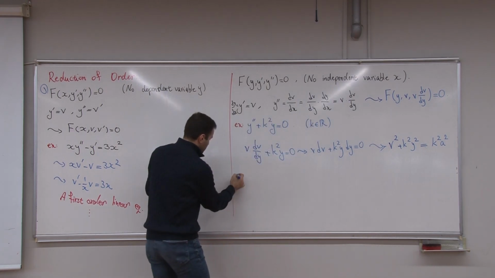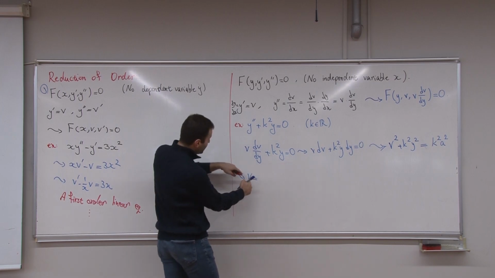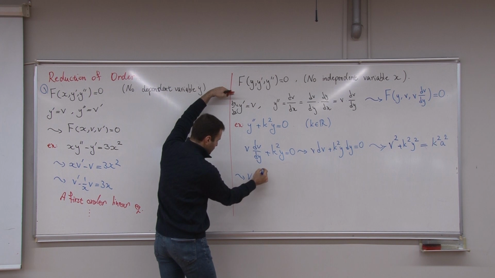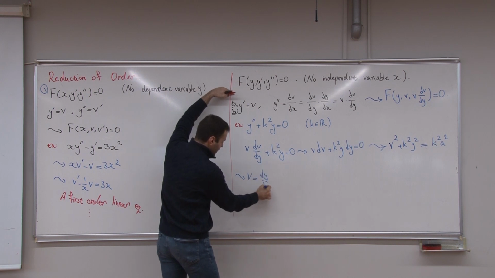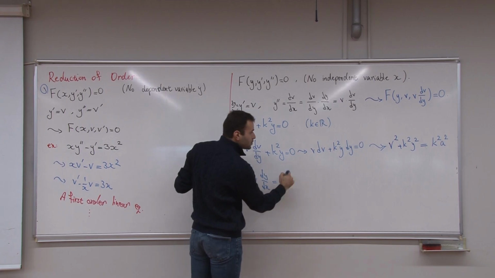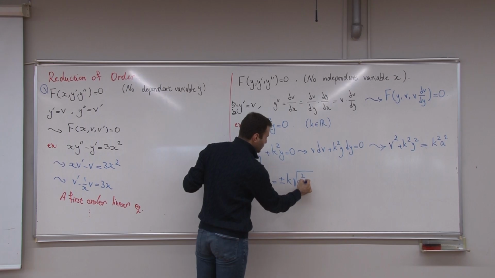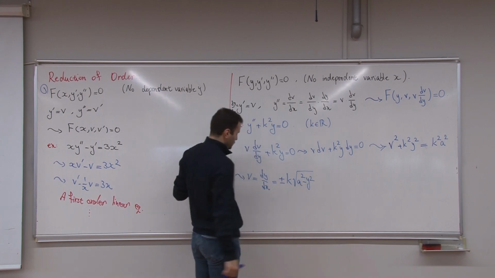What now? My v, which is dy over dx, is equal to plus or minus k times the square root of a² minus y².